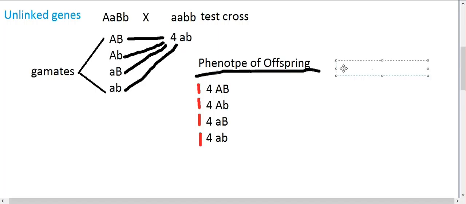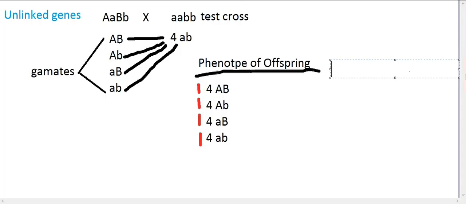So let's just say for a moment, what I have here is the total number of individuals.